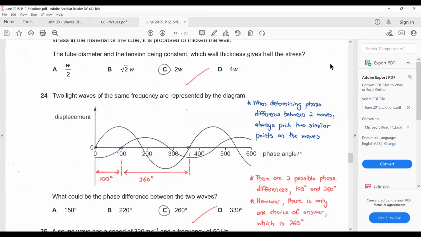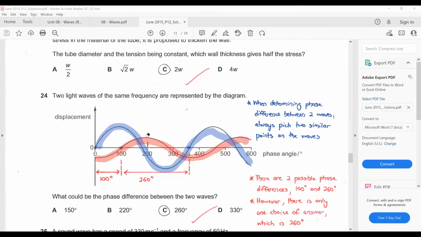This one was the red colored wave just now, and this one was the blue colored wave. The mistake came from the fact that this 200 does not necessarily coincide with the crest. I just assumed that it coincided with the crest. That's why the values don't match whatever you have in the answer choices.